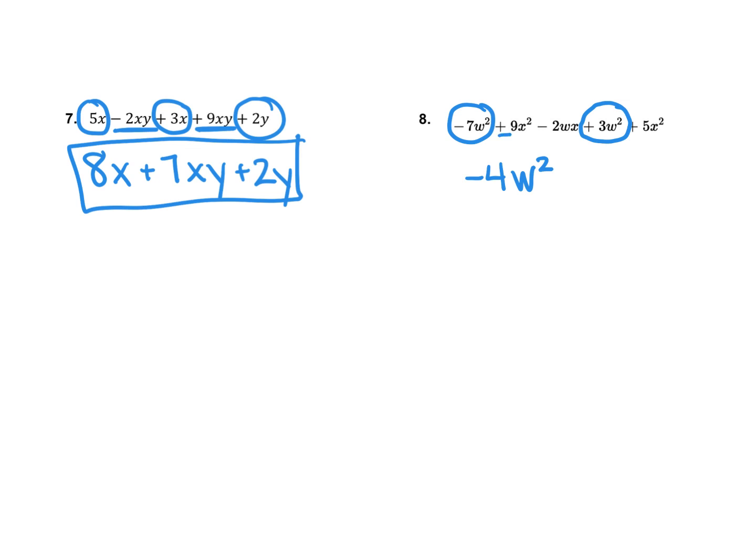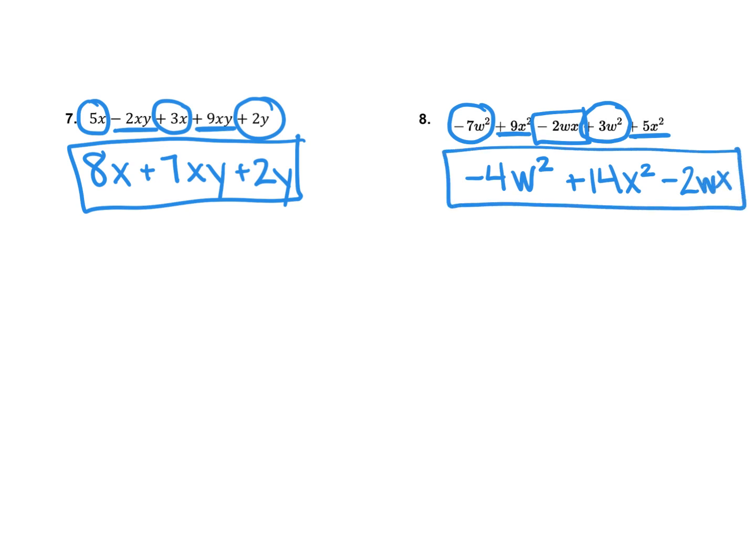Now let's look at our x's. I'm going to take this one, and I'm going to take this one, and I'm going to have plus 14x squared. And now in this case, I don't have anything that can go with that minus 2wx, so I'm just going to rewrite that over here. And this now has all been simplified.